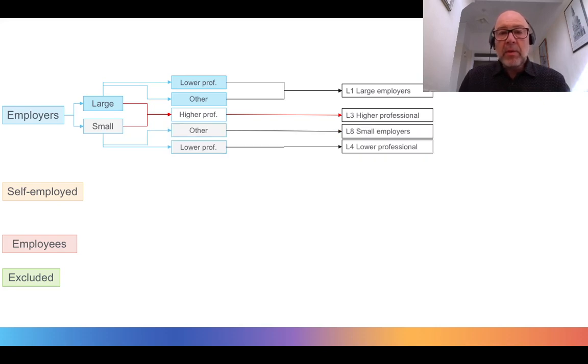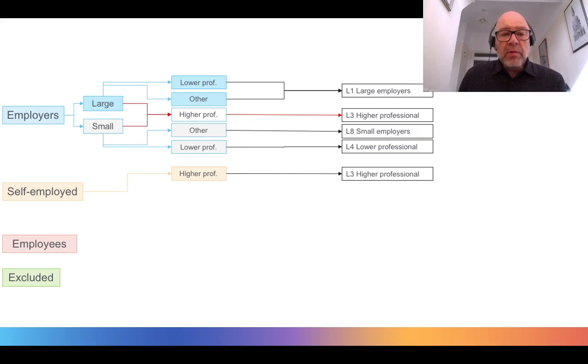And similarly, for employers in small establishments, apart from lower professionals, who do go to L4, the lower professional operational category, which takes precedence over being an employer in a small establishment, all others go to L8, the operational category for small employers.